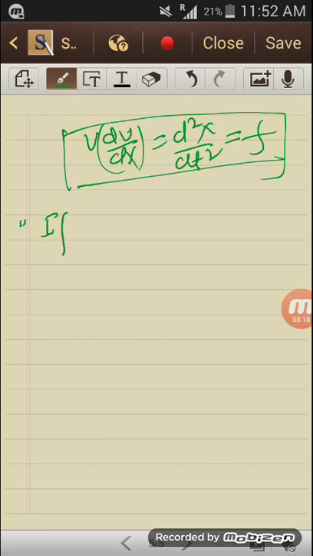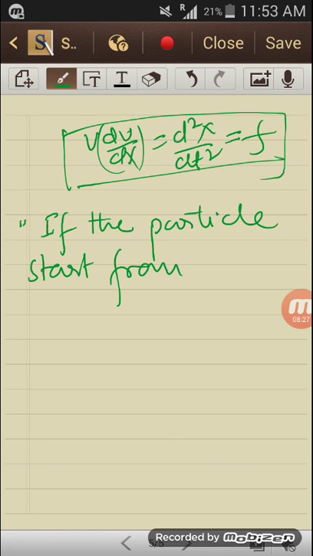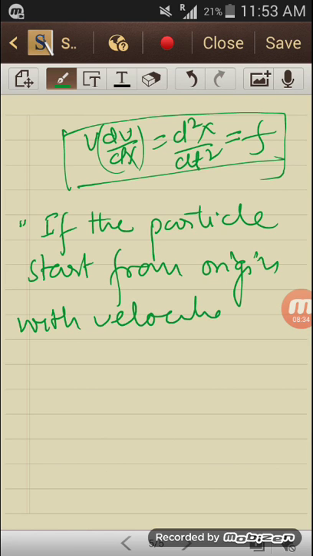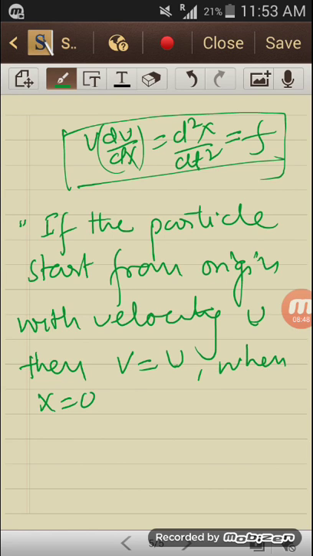If the particle starts from the origin with velocity u, then v equals u when x equals 0, it has not moved yet, so the constant equals u square.